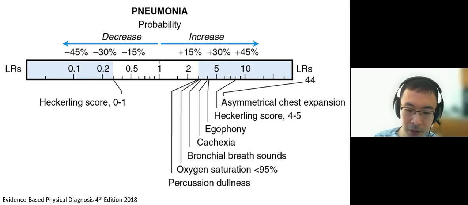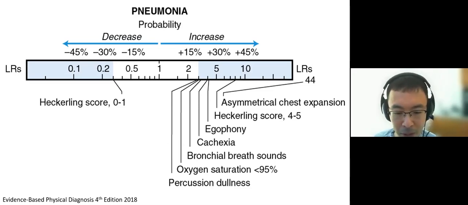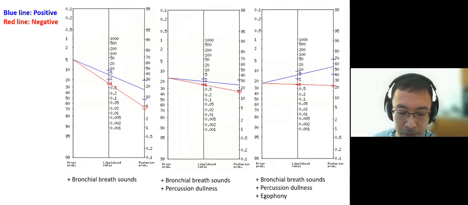But if you have a very low Heckerling score, it only decreases the probability of pneumonia by maybe 25% because, as I said, its negative likelihood ratio is weaker than its positive likelihood ratio. So the presence or absence of certain findings will either increase or decrease the probability of pneumonia. And of course, the more positive findings you have, then the more confident you are that the patient has pneumonia.